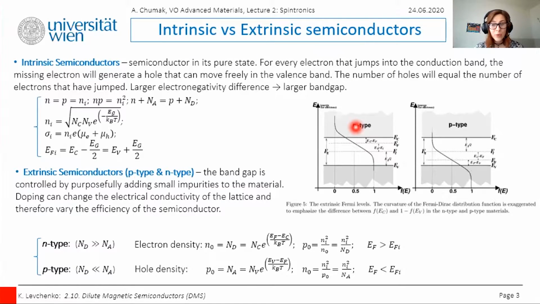The energy difference between the highest occupied state in the valence band and the lowest unoccupied state in the conduction band is the band gap. In insulators, we have a large band gap, which means that we need to supply a lot of energy to excite a valence electron to the conduction band.